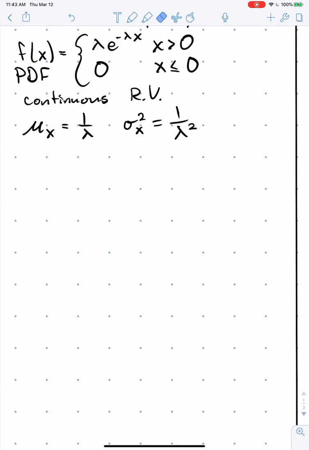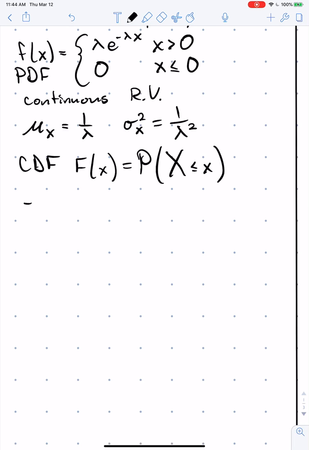One nice thing about this PDF is that we can actually compute a closed form of the CDF, the cumulative distribution function. So F of little x, recall this is the probability that the random variable x is less than or equal to a particular value of x, which is defined to be the integral from negative infinity to x of f of x dx.